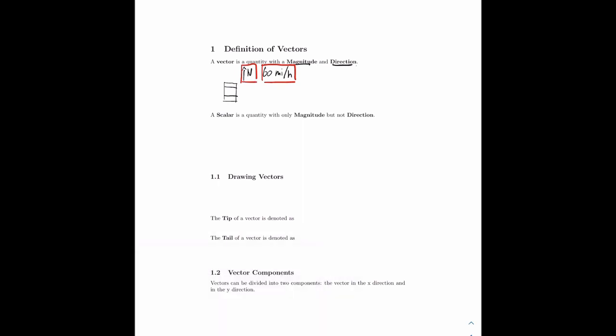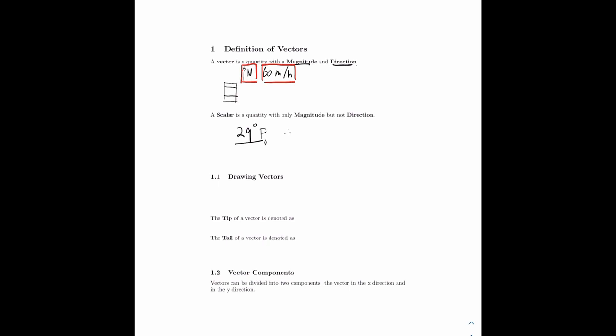This is different to what is known as a scalar, which is a quantity with only a magnitude, but it doesn't have a direction. A good example would be your temperature, right? Your temperature would only just be 29 degrees Fahrenheit or whatever the temperature is wherever you are. And this doesn't have a direction. This temperature is only a quantity. It doesn't really have a direction that the temperature is pointing to.